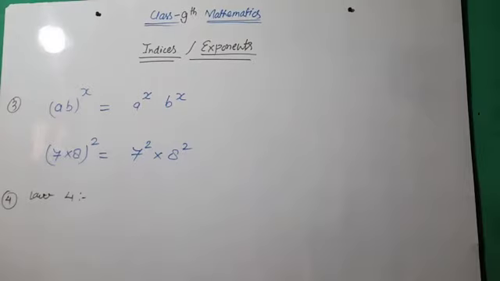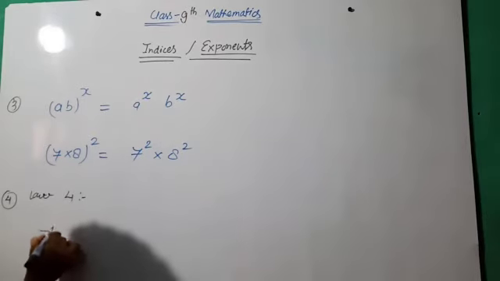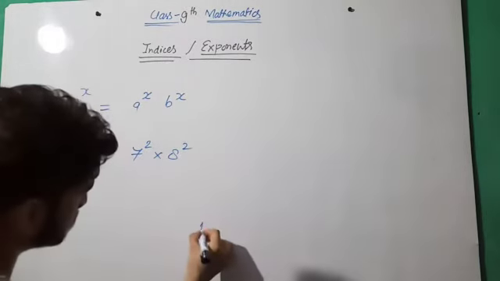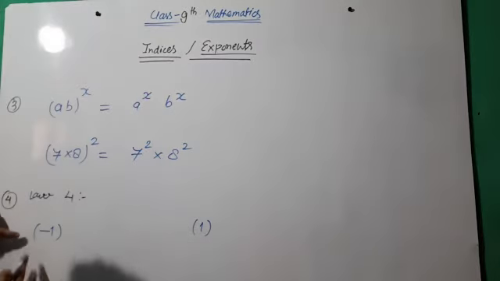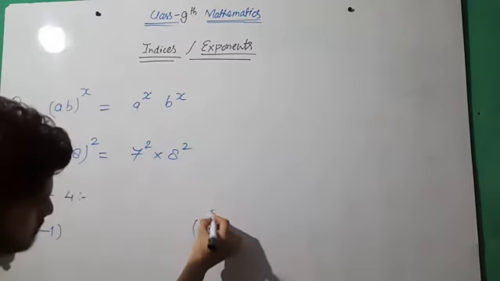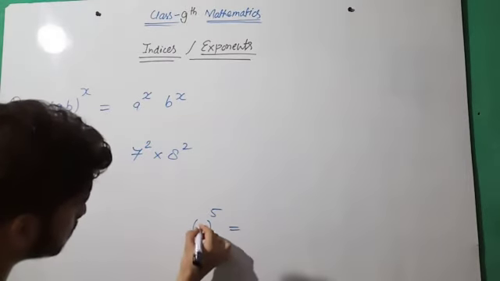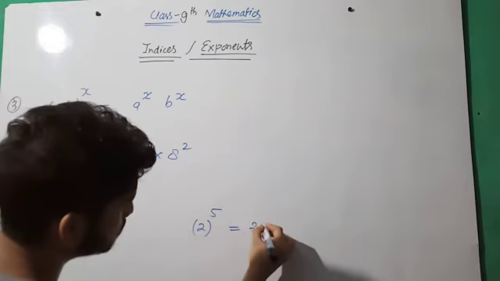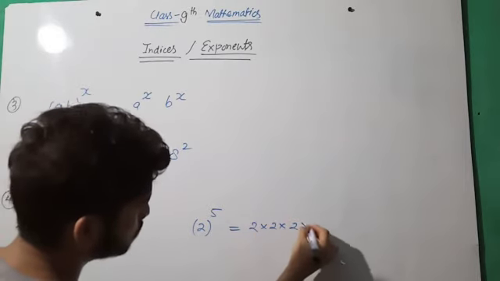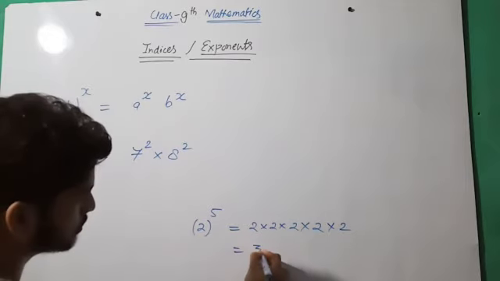If we have two types of numbers, a negative number like -1, and a positive number, that is 1. Power of a positive number is always positive. If you have 2 to the power 5, we can say that 2 into 2 into 2 into 2 into 2 is equal to 32.